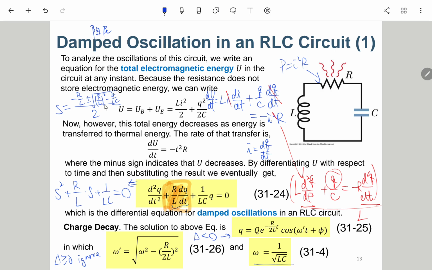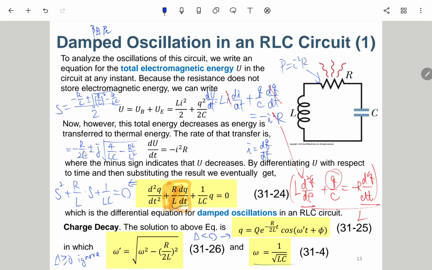So it becomes negative R over 2L plus or minus j, and then we just swap it, 4 over LC minus R squared over L squared.